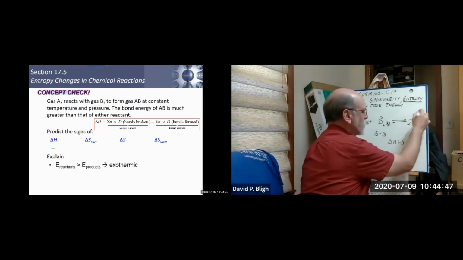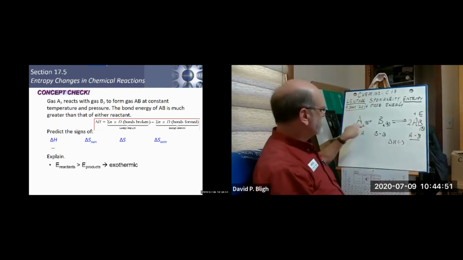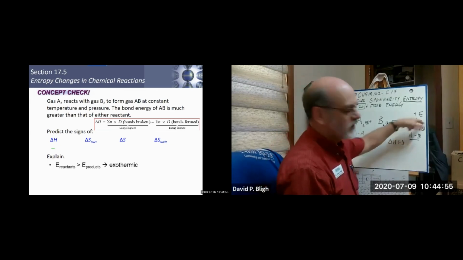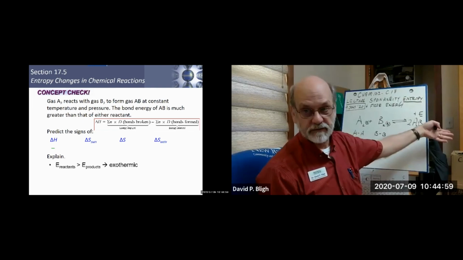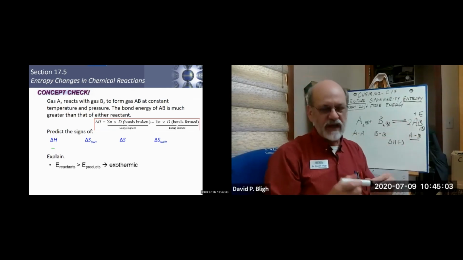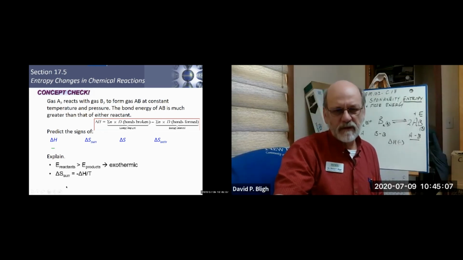Put the energy term over here, because if these energies are higher, then when you form that one, that energy's got to go someplace, and it becomes a product. Right? So this is an exothermic reaction, and that means delta H is negative.